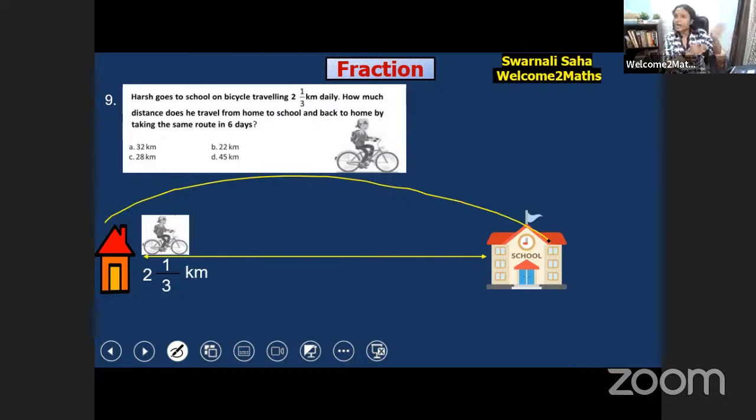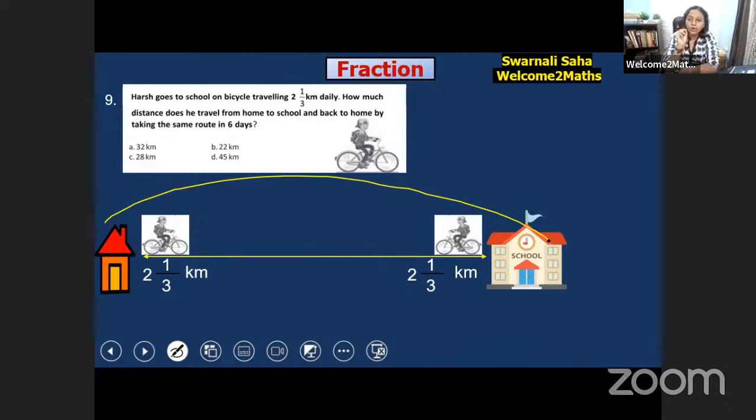And whenever he comes back from school, he again moves the same route and travels 2 and 1/3 kilometer. So how much distance does he travel? That means you have to travel 2 and 1/3 kilometer 2 times.